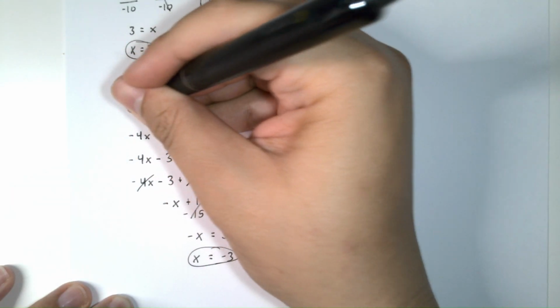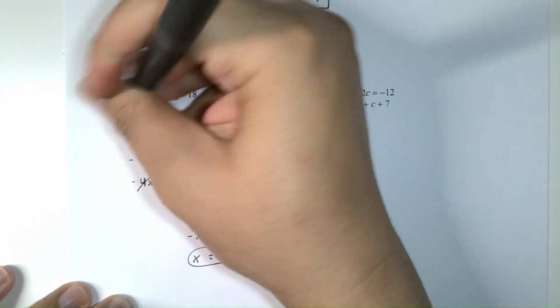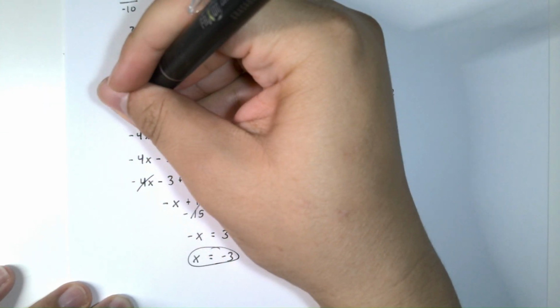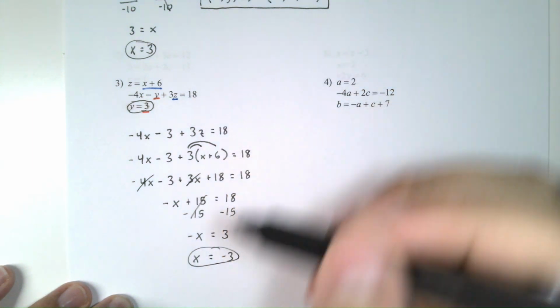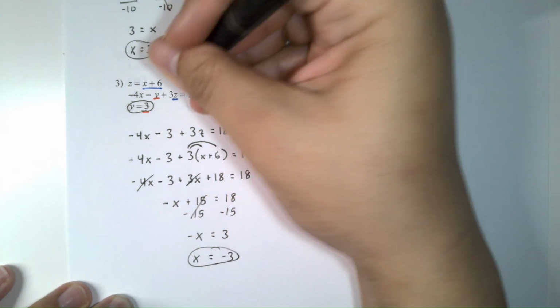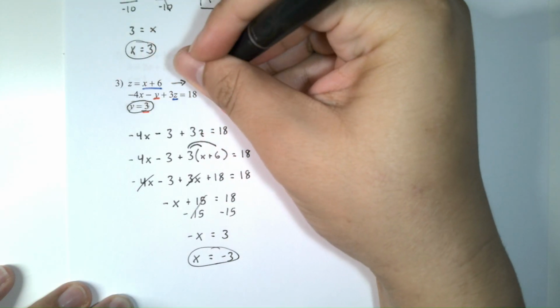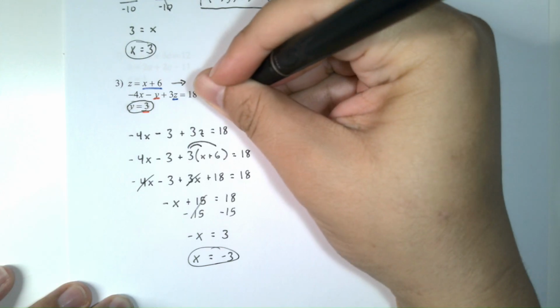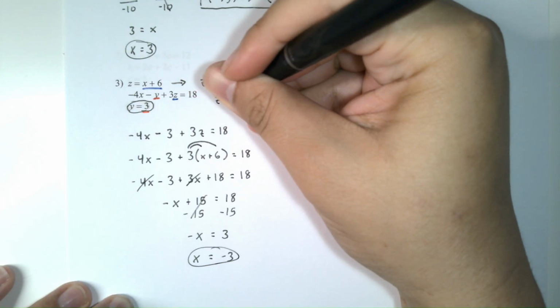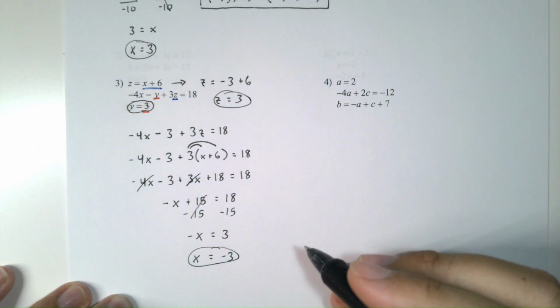We already know that y is equal to positive 3. I kind of wrote over that, but we know that y is equal to positive 3. And now we just need to find z. But now that we know that x is equal to negative 3, z is just going to be equal to negative 3 plus 6. So z is equal to positive 3. And there we go.